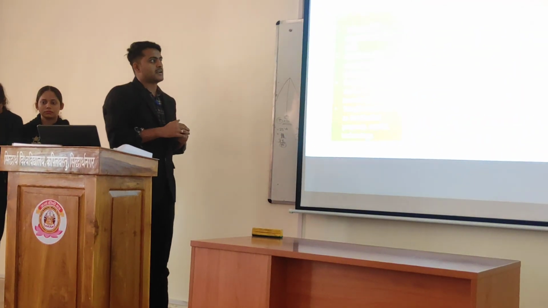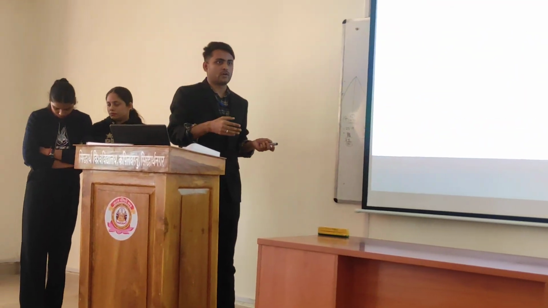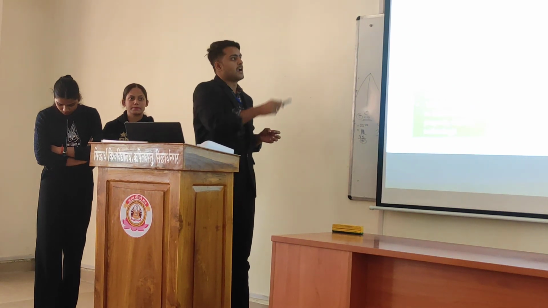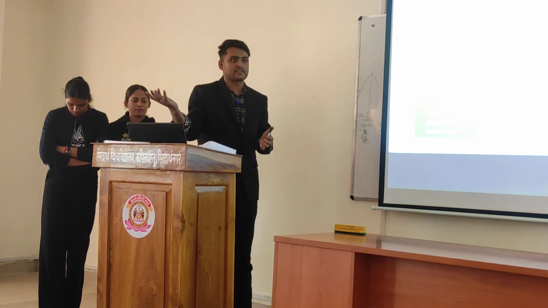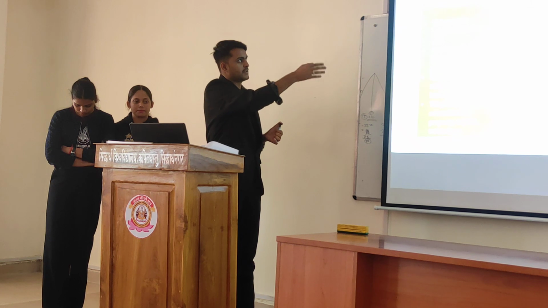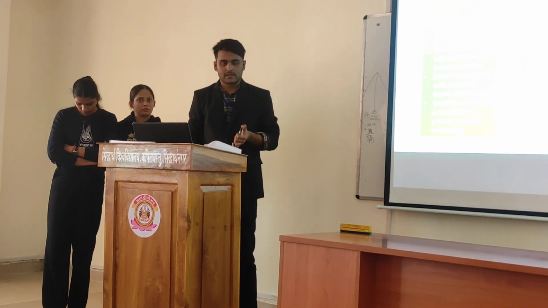Opportunities are how the market is growing or not, what the market needs. And threats are like how our competitors are, what they are doing. These are the things we analyze in the SWOT analysis.